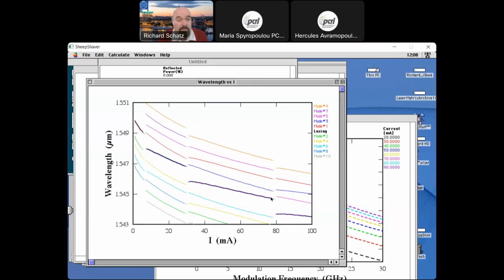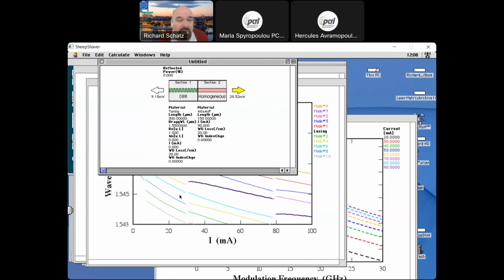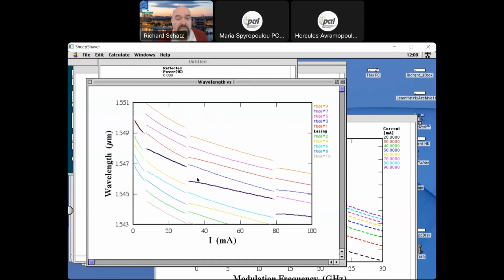which we want to have for high speed performance. So we can look at how the bandwidth changes when you change the current in your passive section. We keep the current constant in the active section at 90 milliamp and see how the bandwidth changes when we change current in the passive section.